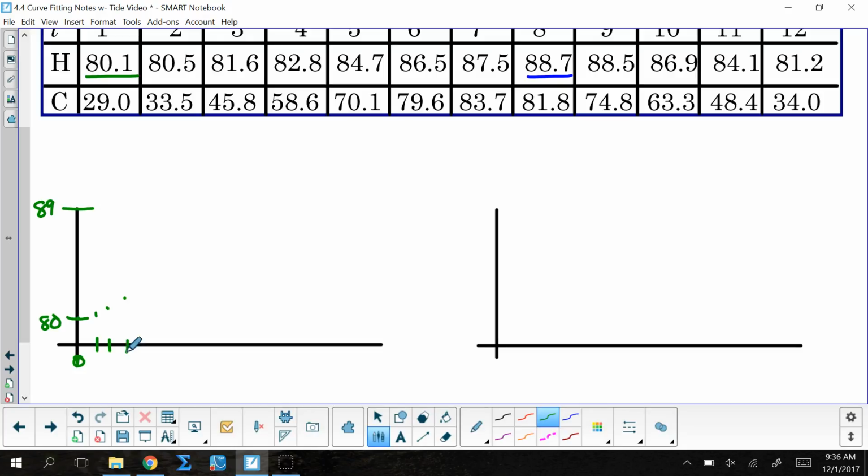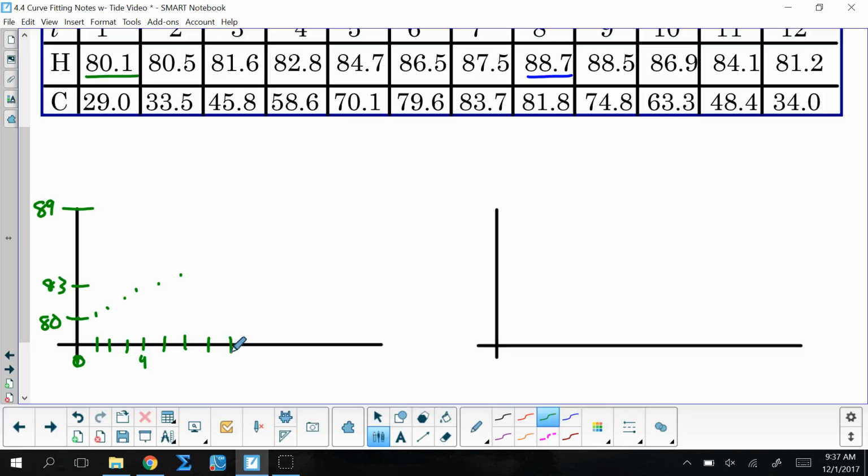Then 4. So now we're at about 83, which is good. Then we went up to 86. So we're still going up. So that was 4, 5, 7, 8.